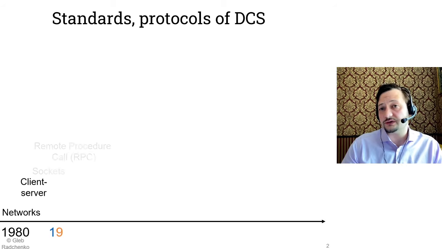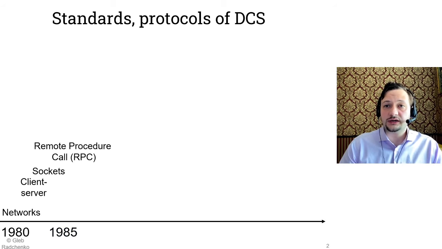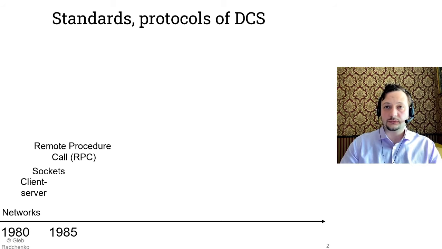So client-server technologies arose, and Berkeley University developed the basic standard for organizing distributed systems and network communication that they called Berkeley sockets. They were developed in 1983.